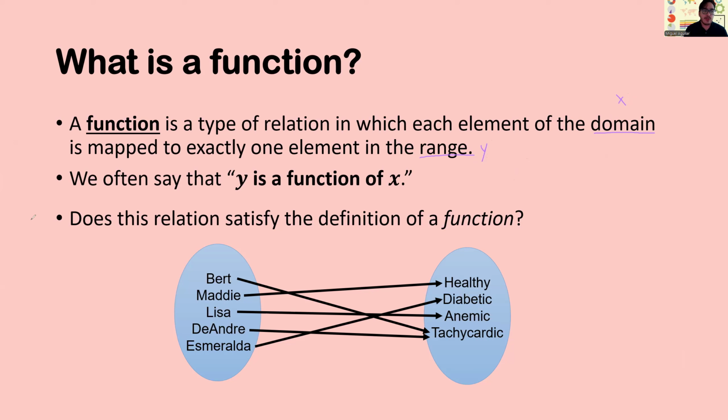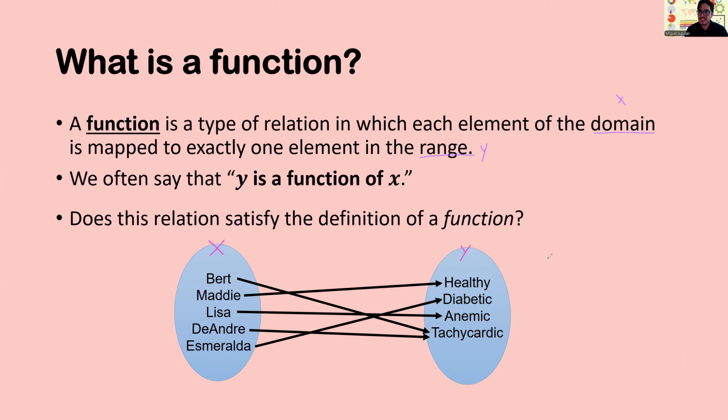So if you vaguely recall, when we first introduced this idea, I had a set of elements that we called the domain, X, and that was a set of names, Bert, Maddie, Lisa, DeAndre, Esmeralda. And then we had a set of health conditions, Y: healthy, diabetic, anemic, and tachycardic. And then there are some arrows connecting them together.